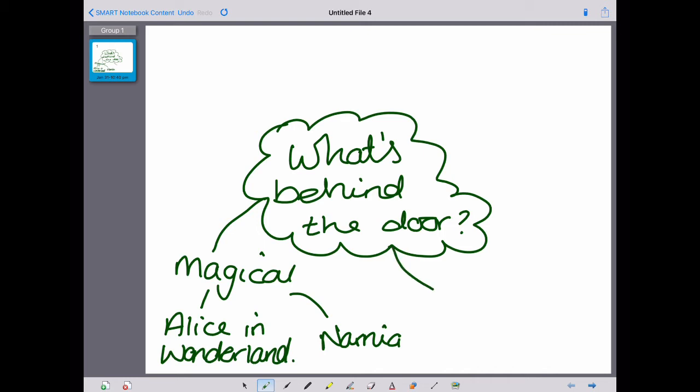Maybe it's like, I don't know, made of sweets, or there's like different lands behind the door. So you could have a little bit like in Inside Out, when they're trying to get back to the main part. I'm waving my arms around as if you know what I'm talking about and you can see me.